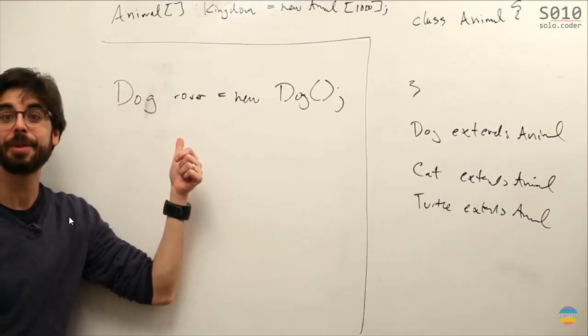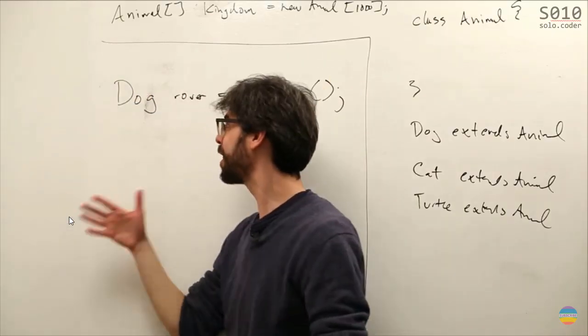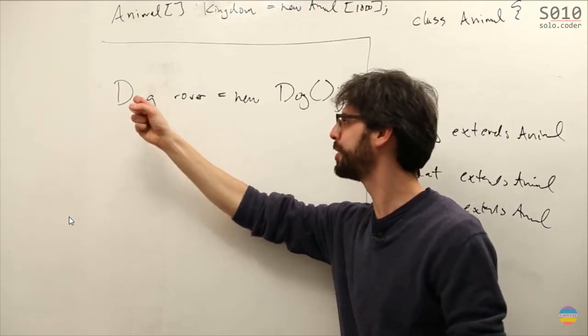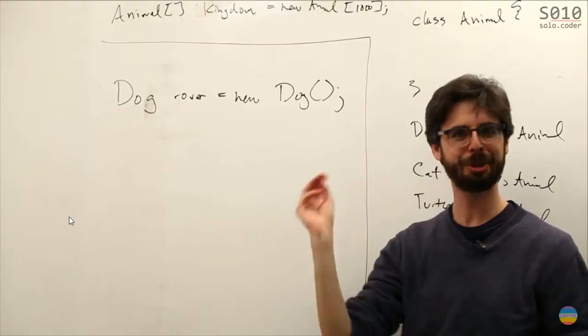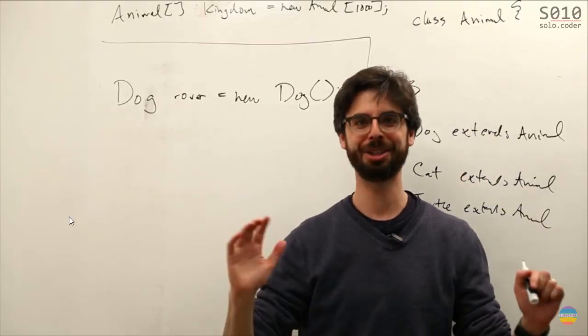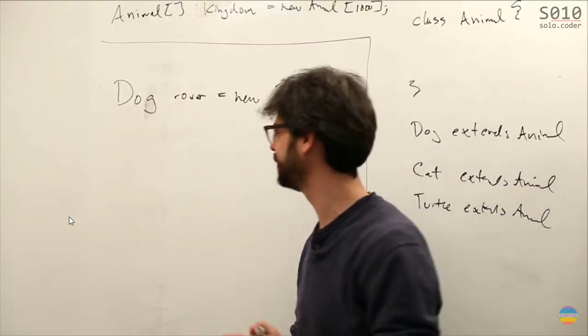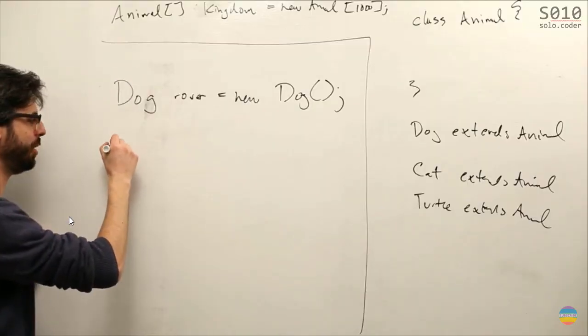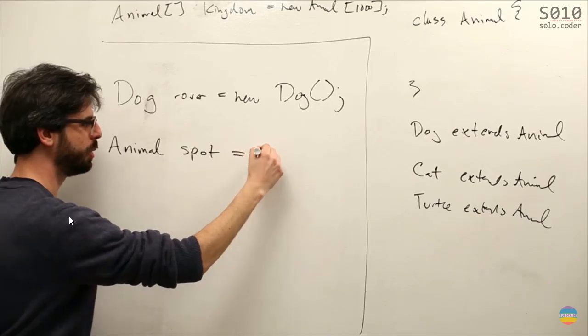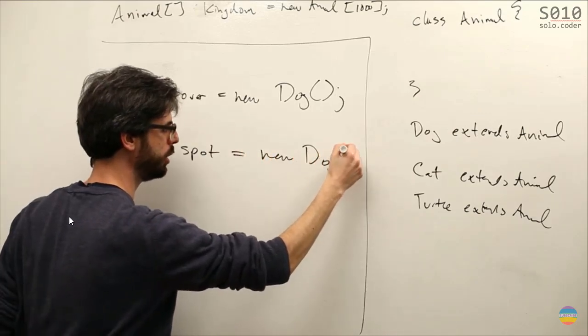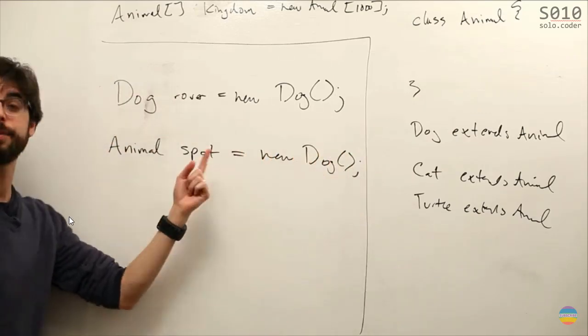This is something we should be very comfortable with. We're very comfortable saying, I have an object of type Dog, its name is rover, it's a new Dog object. Great. Here is polymorphism, something new that we're allowed to do. Animal spot equals new Dog.